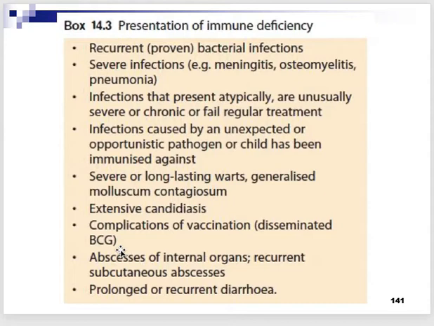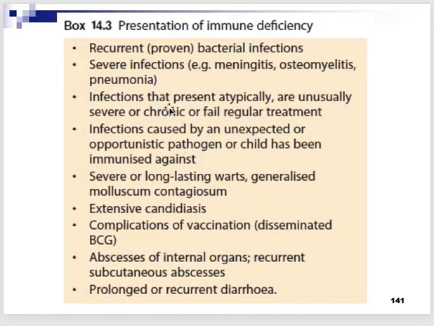That's the reason we don't give live vaccinations to anyone who is immune deficient. Abscesses of internal organs, recurrent subcutaneous abscesses, or prolonged or recurrent diarrhea. So this is the presentation of the immune deficiencies, right?